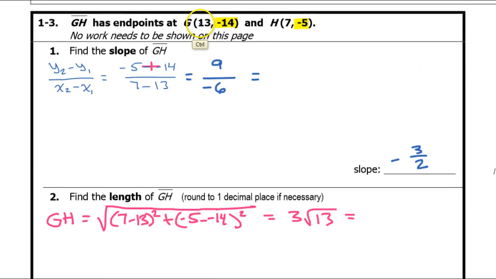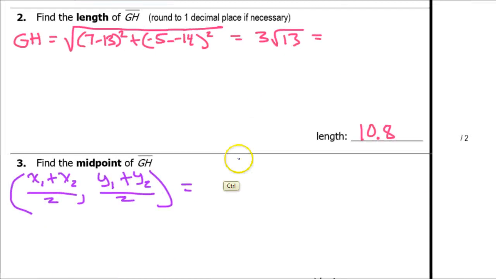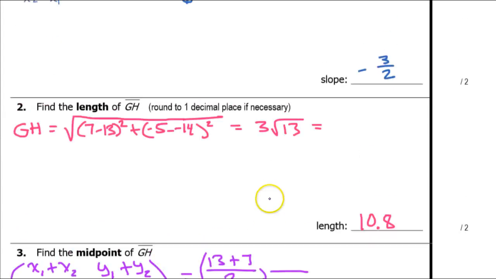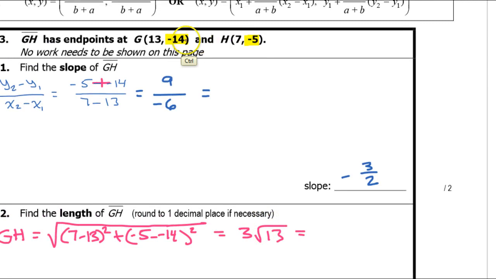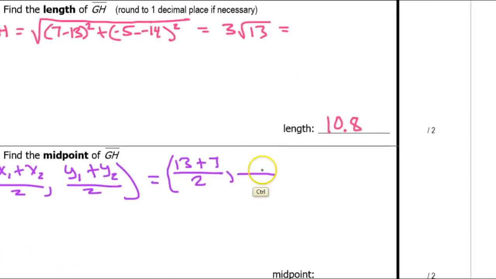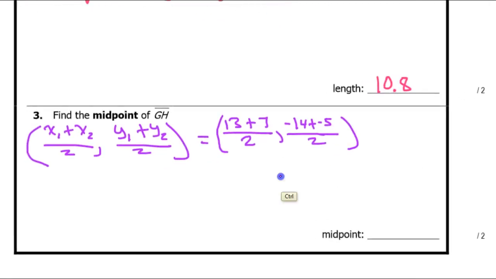Okay, so for the x's, I have 13 and 7. So that's going to be 13 plus 7 divided by 2. Now for the y's, that's -14 and -5, divided by 2. Okay, so what is that going to be?